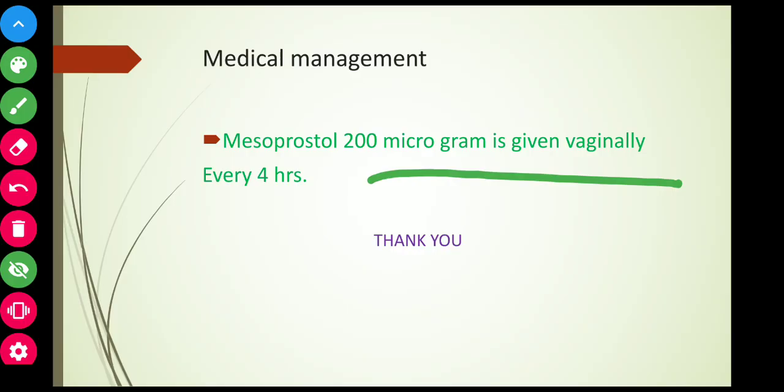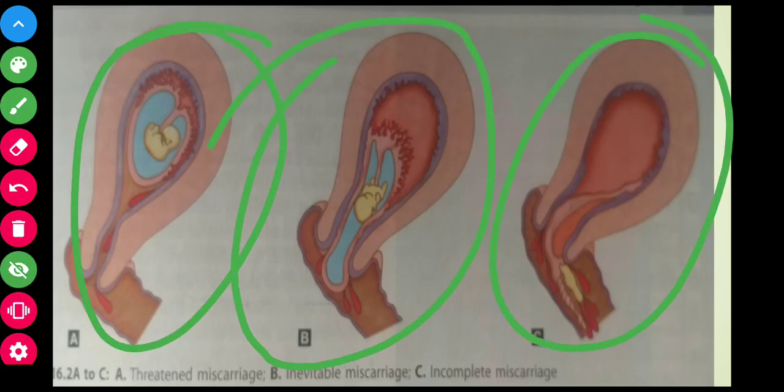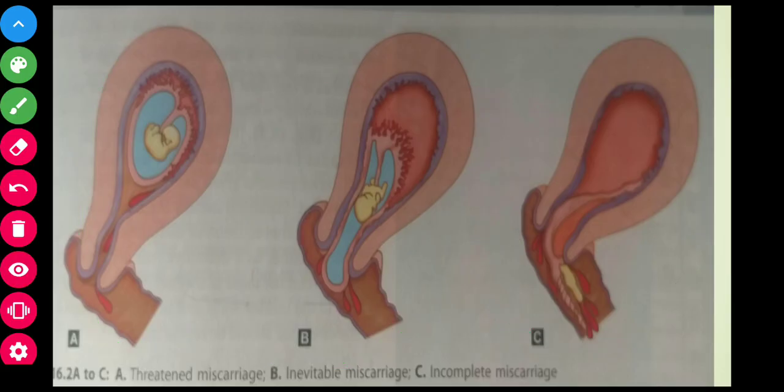This is a tablet, misoprostol 200 microgram. Complications will be less when compared to medical methods. Next, as I said, this is threatened, this is inevitable, and here is the incomplete abortion. If you have any kind of doubt, you can message me.